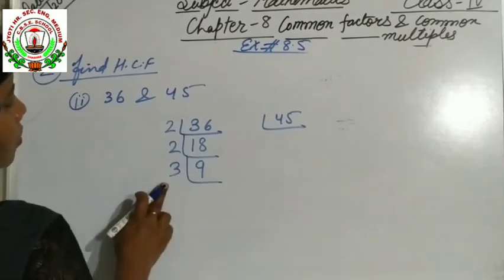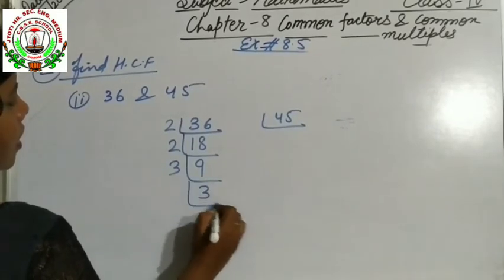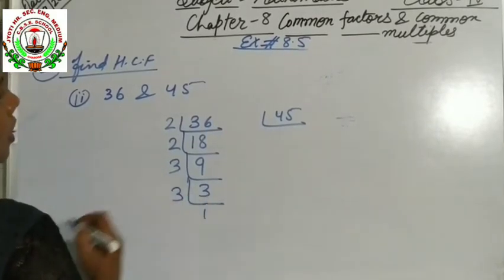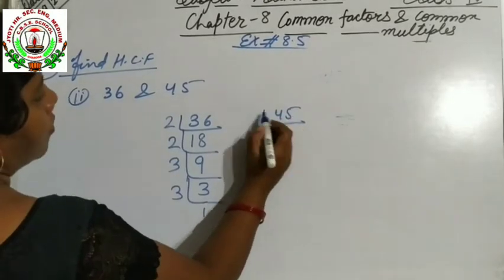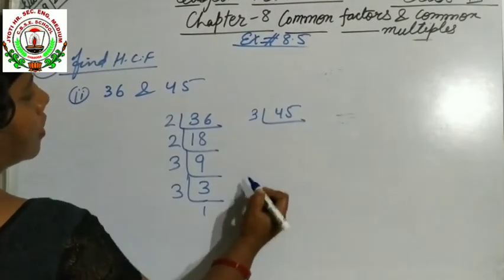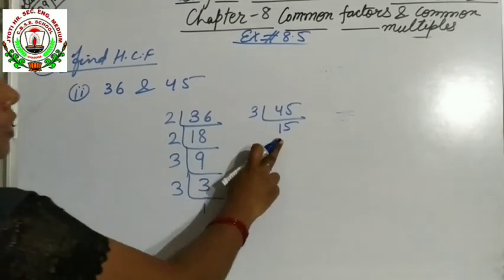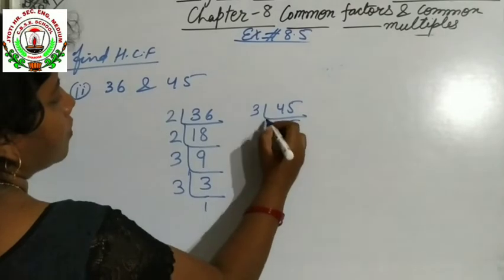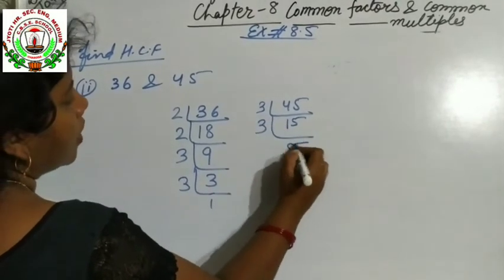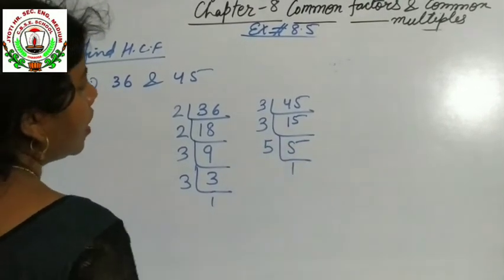It will not go by 2, so we will take 3. 3 threes are 9, then 3 ones are 3. 45 is an odd number, so it is not divisible by 2. We will take 3. 3 fives are 15. If you can't do it orally, you can divide and see that 15 will come. Then 3 fives are 15, 5 ones are 5.